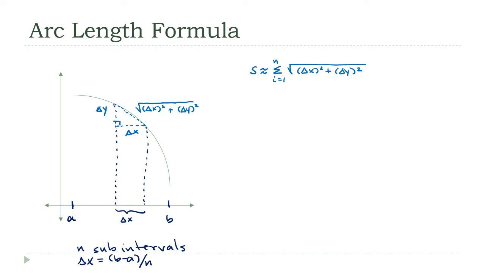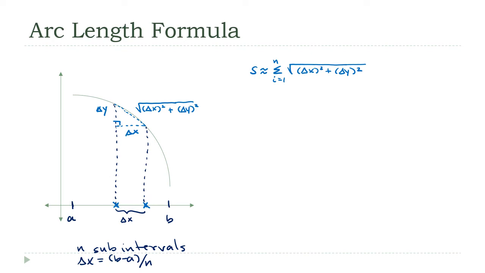All right, so here's what I'm going to do. I'm going to flash back a little, and I'm going to use the mean value theorem here. Remember what the mean value theorem says. It says if we have a continuous function, so okay, we're going to have that restriction, and I have 2 points, like these points here, the boundary of my delta x interval, then there exists a point on that interval so that the derivative of the function at that point is equal to the slope of the secant line.